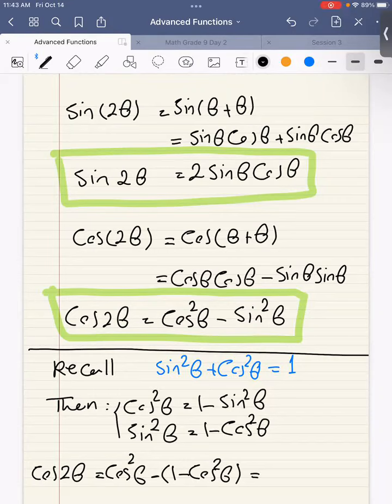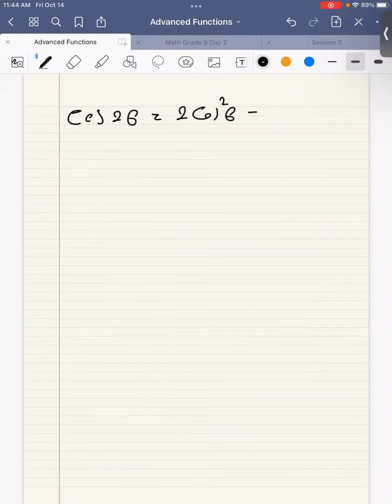So here I get 2 times cos square of theta minus 1. So cos of 2 theta is 2 times cos square of theta minus 1.